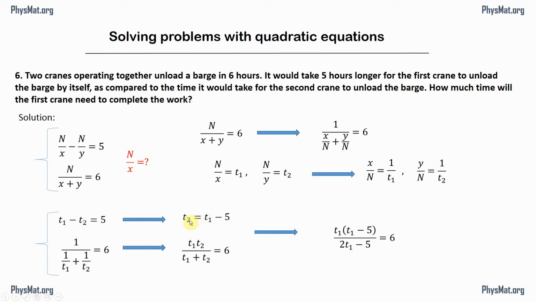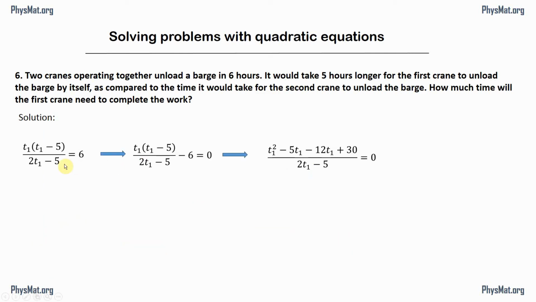From the first equation, we express t2 as a function of t1, so t2 is equal to t1 minus 5, and from here we get t1 t2 divided by (t1 plus t2) is equal to 6. And if we substitute t2 from here to here, we will get this equation. So that's an equation with respect to t1, and that's what we need to find.